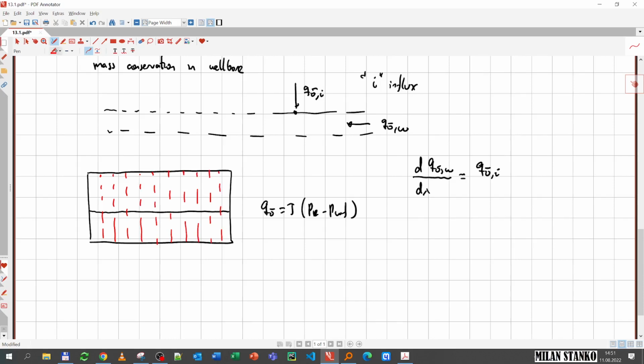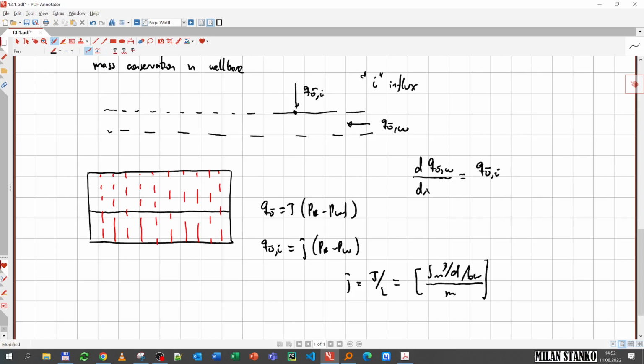And we can express the rate coming from each of these slices, which is exactly the influx I that we need, as j times PR minus the P of that particular wellbore position. That small j is the specific productivity index, J divided by L. And this has units of standard cubic meter per day per bar divided by meters.